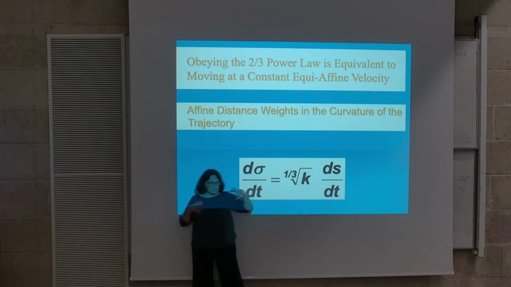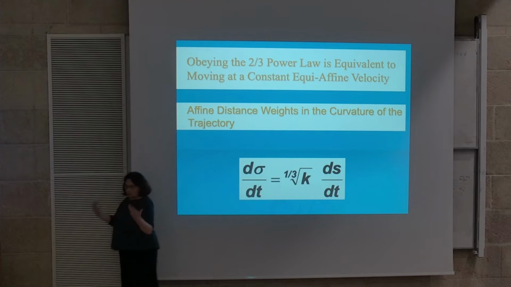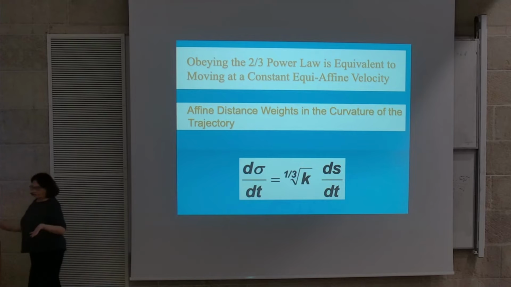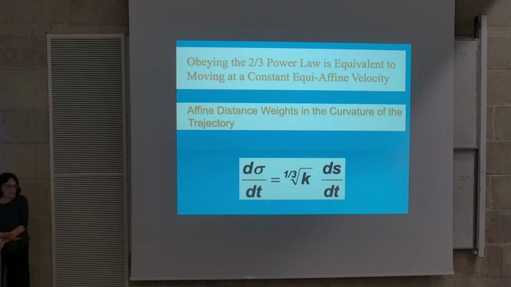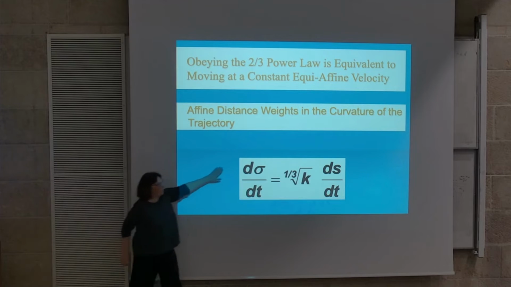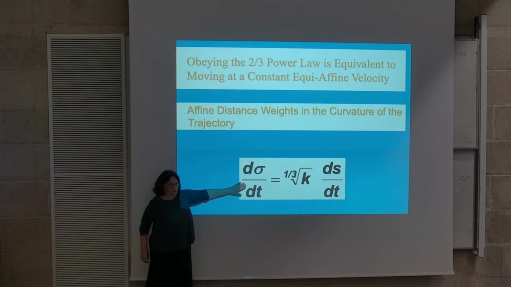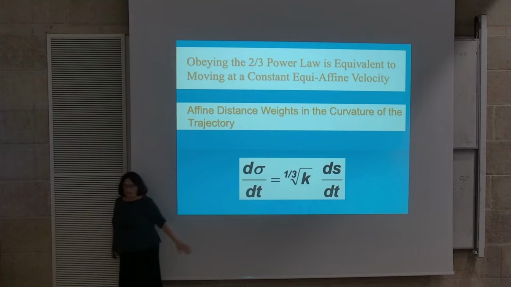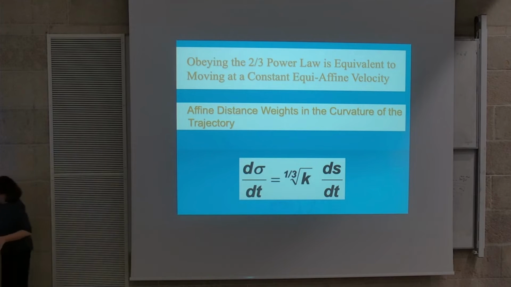This is not my invention. It's known geometry, called equiaffine geometry. But it gives exactly the behavior that you slow down along curved trajectories if you move at a constant equiaffine velocity, exactly as we see in behavior.